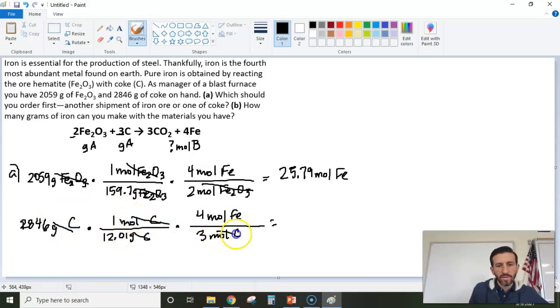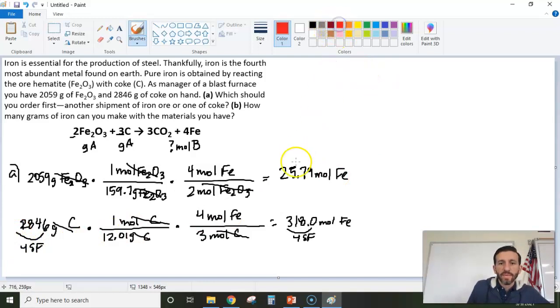Again, these cancel out. 2846 divided by 12.01 times 4 divided by 3 should give me 318.0 moles of iron. And I'm rounding all of these based on sig figs. So 4 sig figs here, 4 sig figs here, and the same exact thing with the problem above.